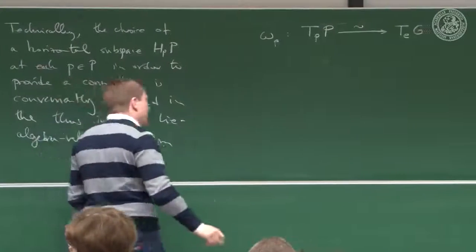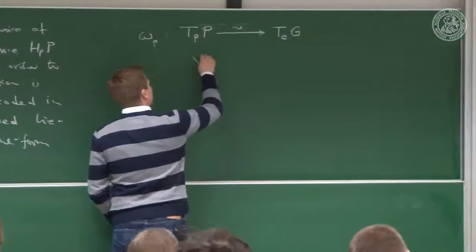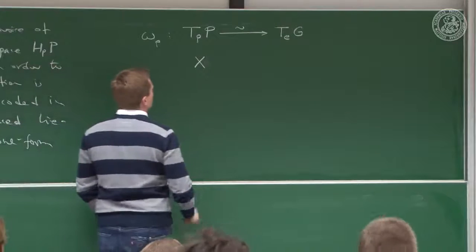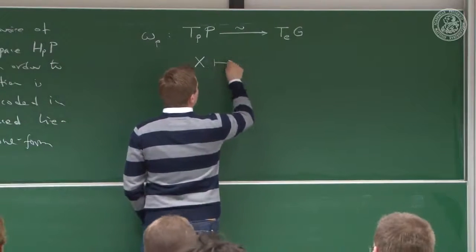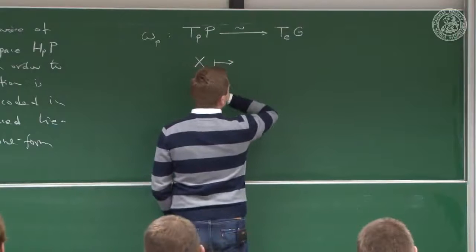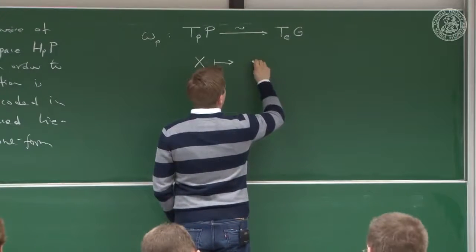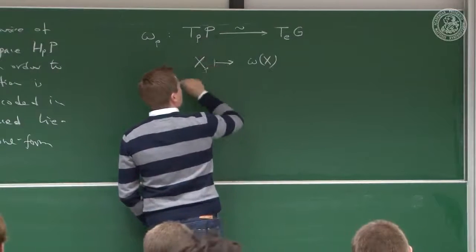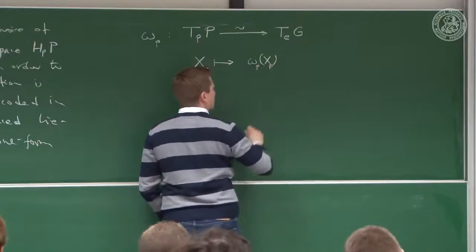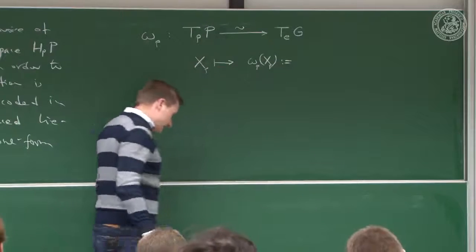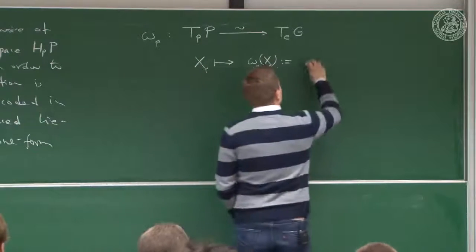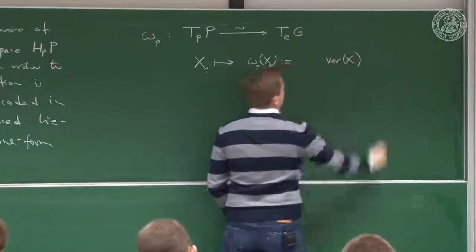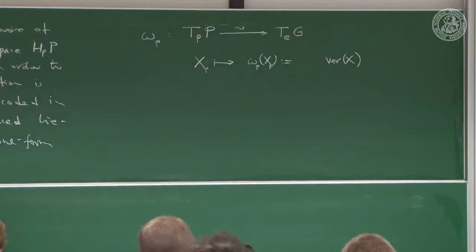It does so by taking a tangent vector to the principal bundle, and it maps it to omega of x. So it's a vector at the point P, omega_P at x_P, and this is defined to be, well, we first look only at the vertical part of the specified vector.